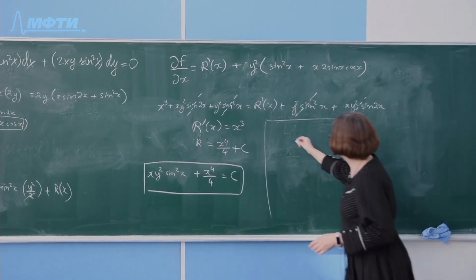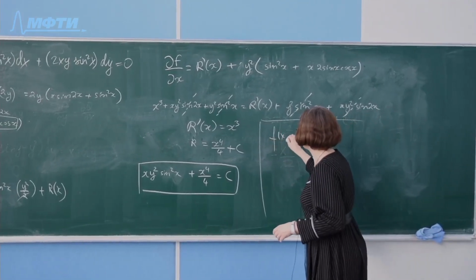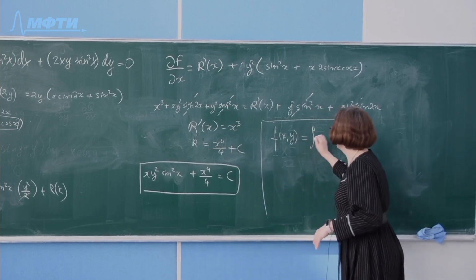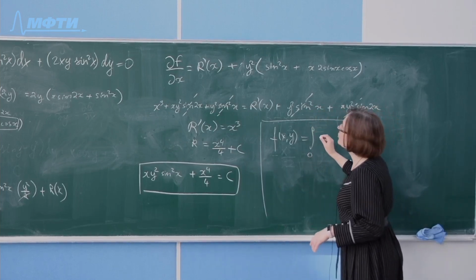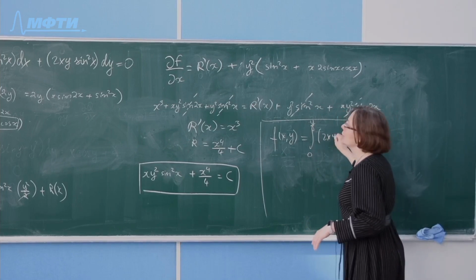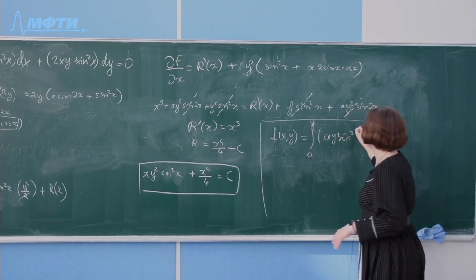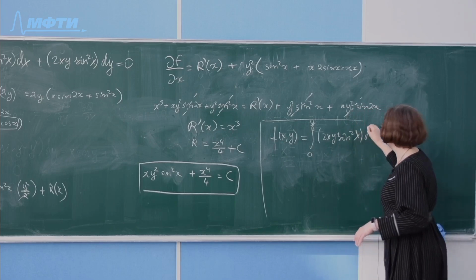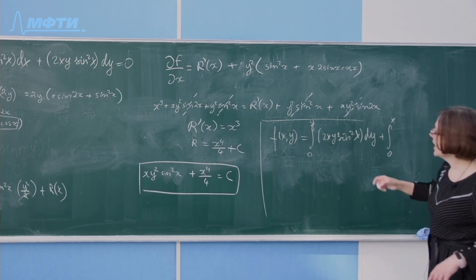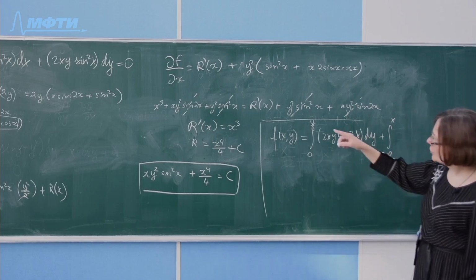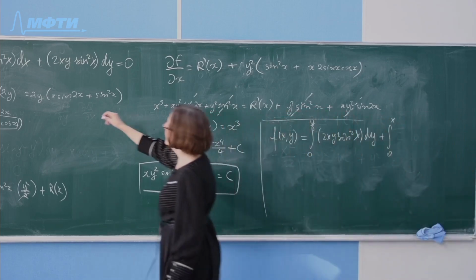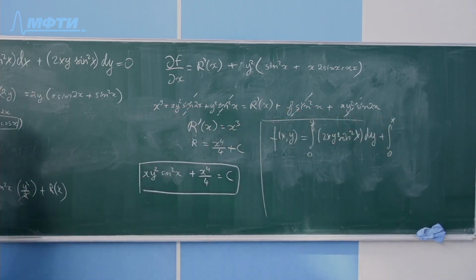So in just one integration, f of x, y using the second formula is equal to the integral from 0 to y of 2xy sine squared x dy plus the integral from 0 to x, and so we must substitute 0 for y in this long expression.